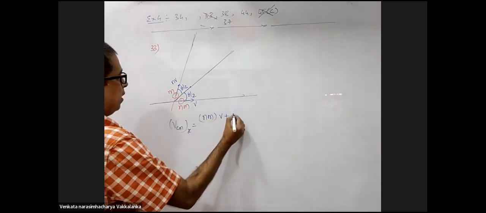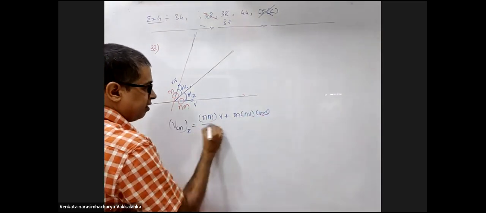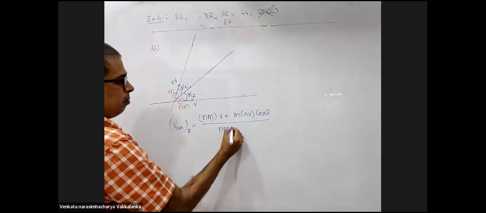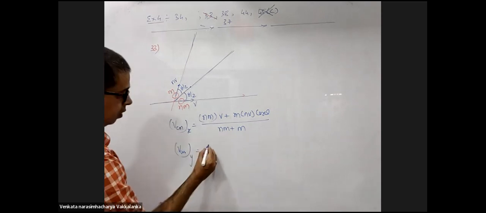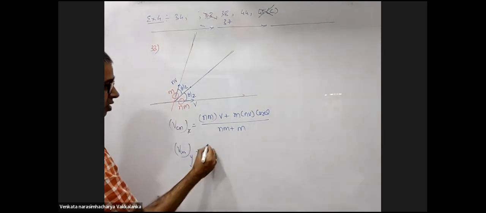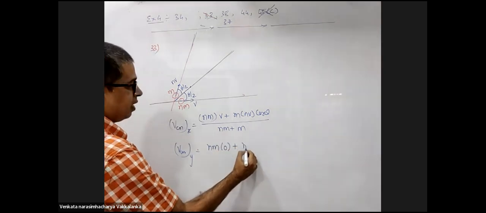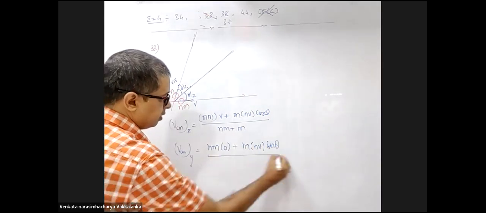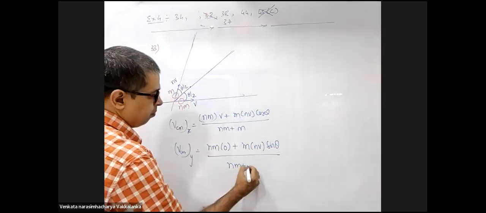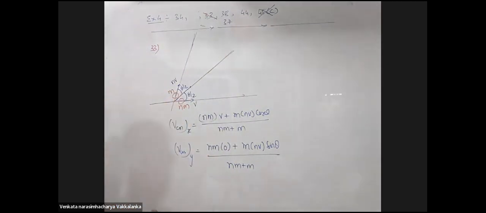Now, velocity of center of mass along x-axis will be Nm into v plus M into nv into cos theta, divided by Nm plus M. Velocity of center of mass along y-axis will be Nm into 0 plus M into nv into sin theta, divided by Nm plus M. But where did we use the fact that the center of mass is going along this particular direction?